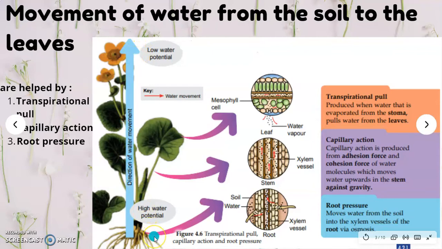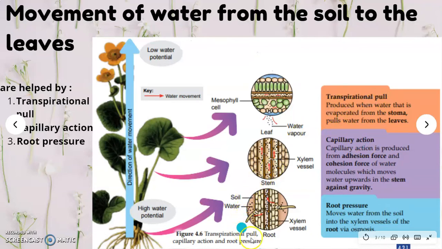So what happens? At the root, root pressure occurs. And then in the stem, what happens? Capillary action occurs. And then at the leaf, transpirational pull occurs.